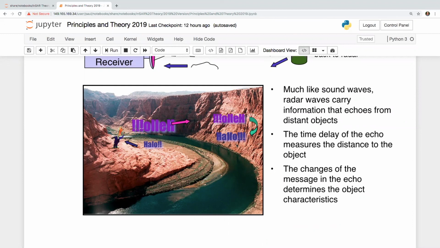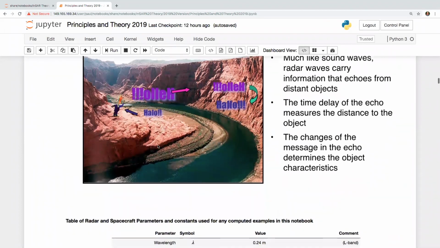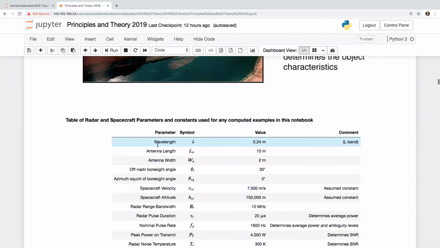It scatters off in many directions and is altered to some slightly different thing, is decreased in amplitude again, and then it's received by our ears. And if we were well calibrated, we might be able to say what we were bouncing off of if we understood the difference between hello in this case and hallo, much quieter here. So this is a very simple concept.